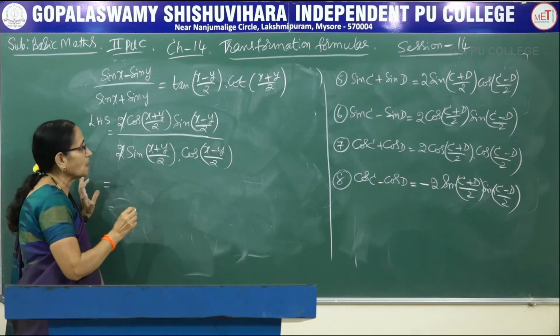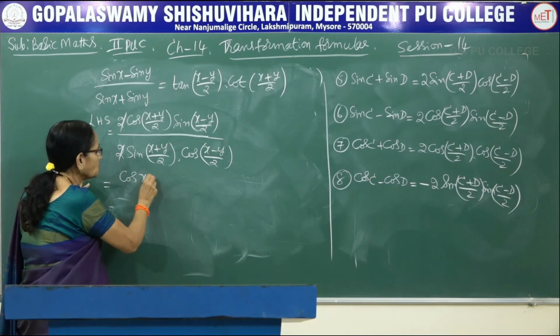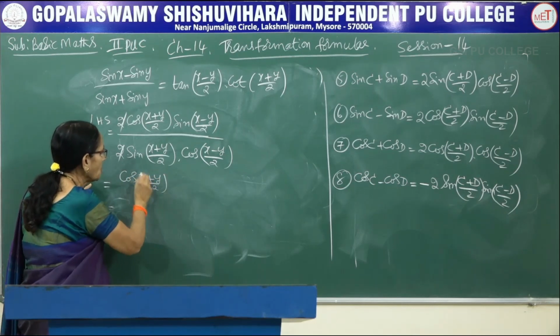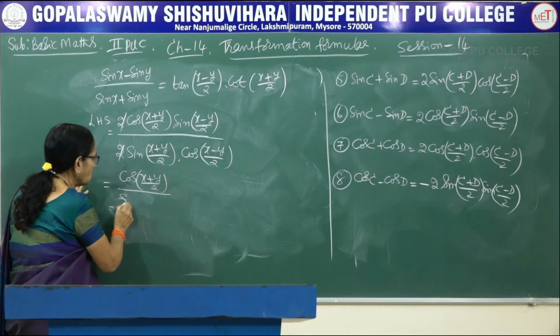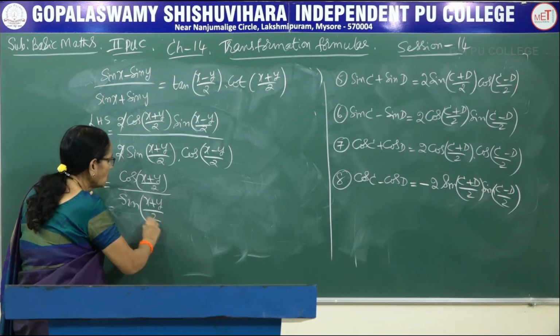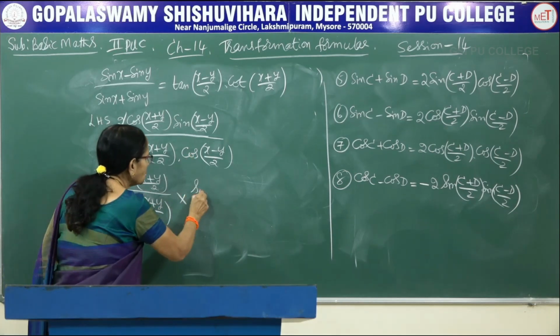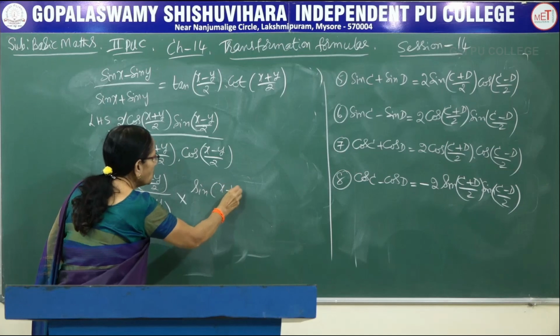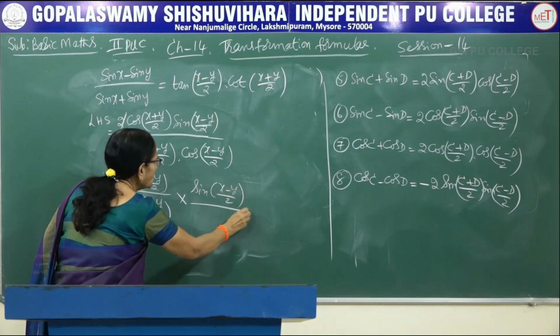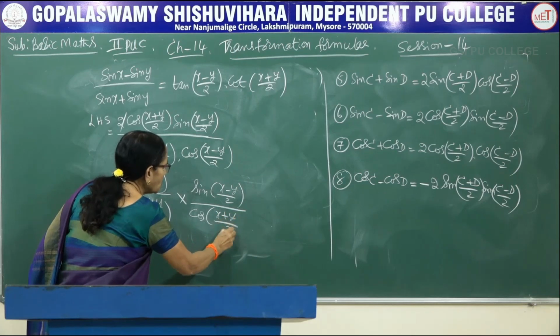So nothing is getting cancelled. We will be arranging them. It is cos x plus y by 2, directly you can write, otherwise you write one more step, divided by sin of x plus y by 2. I am grouping them, that's all. The other one is sin of x minus y by 2 divided by cos of x minus y by 2.